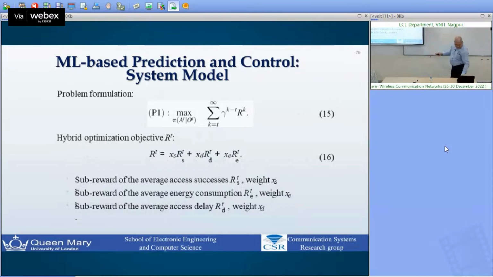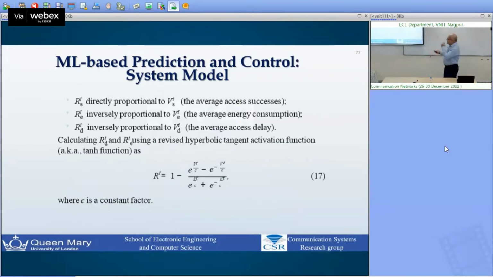So now the first sub reward is proportional to the throughput. The second reward is inversely proportional. That means if it consumes more energy, less reward.